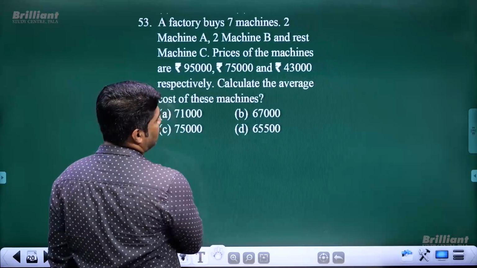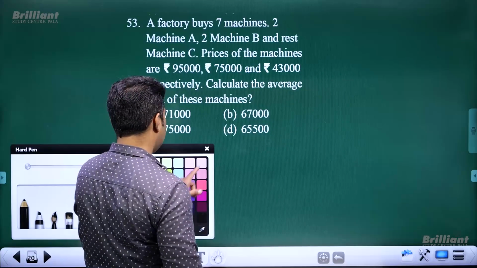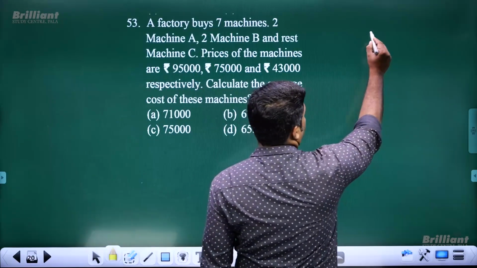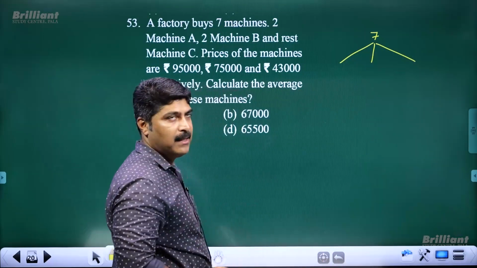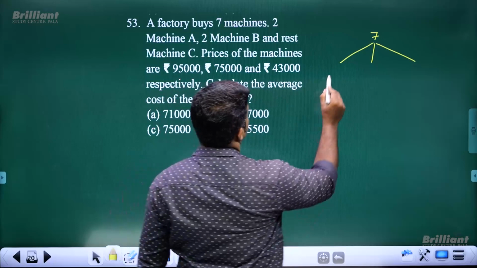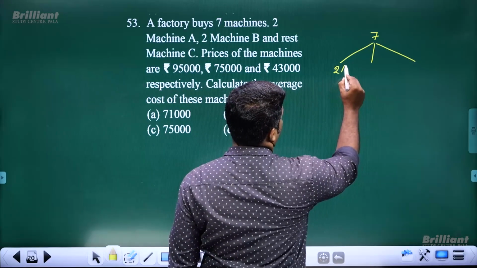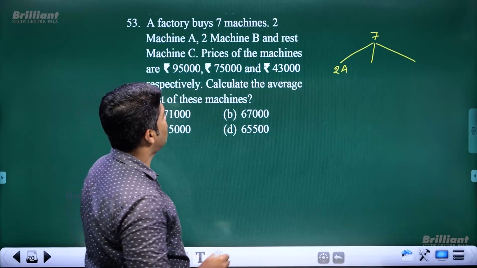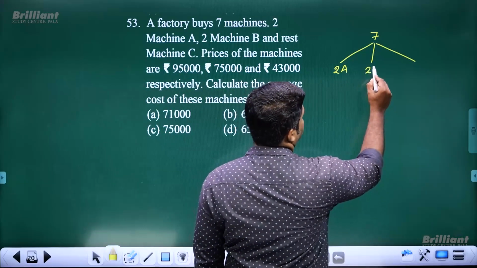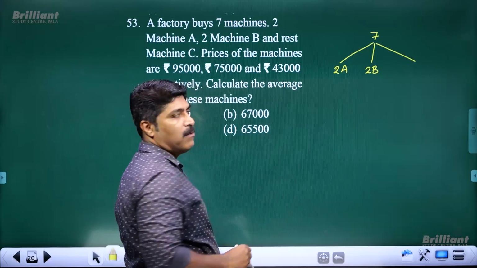So how can we consider the calculations here? These 7 machines in total, split into 3. That means 2 machines of A, 2A, and 2 machines of B, 2B. So now we have 4 machines in total.